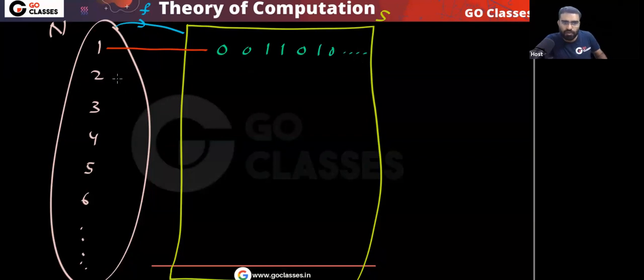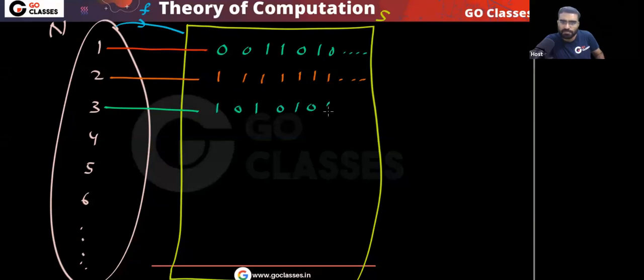2 will map to some element. Let's assume 2 is mapping to this element. 3 will map to some element, 4 will map to some element, 5 will map to some element, and 6 will map to some element.